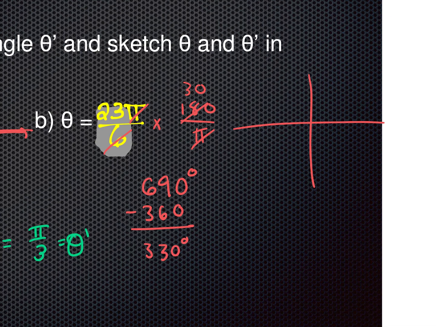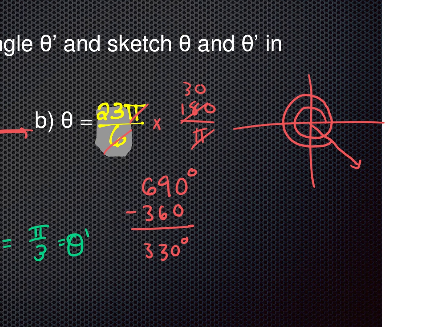What quadrant is 330 degrees in? Oh, wait. Because I'm going around more than once, I just want to see how much further I go after I go around more than once. So it would be 330. So that would be in which quadrant? Quadrant 4. Yes.